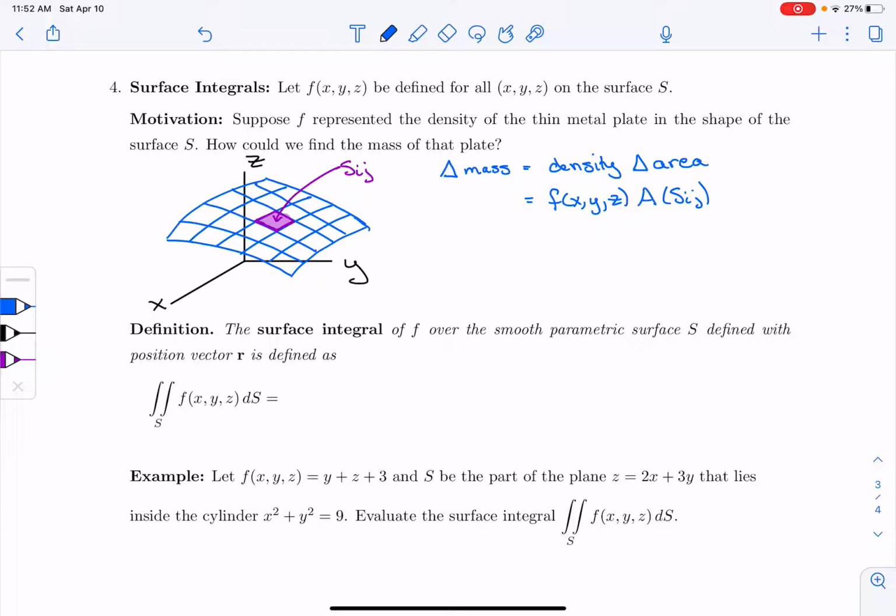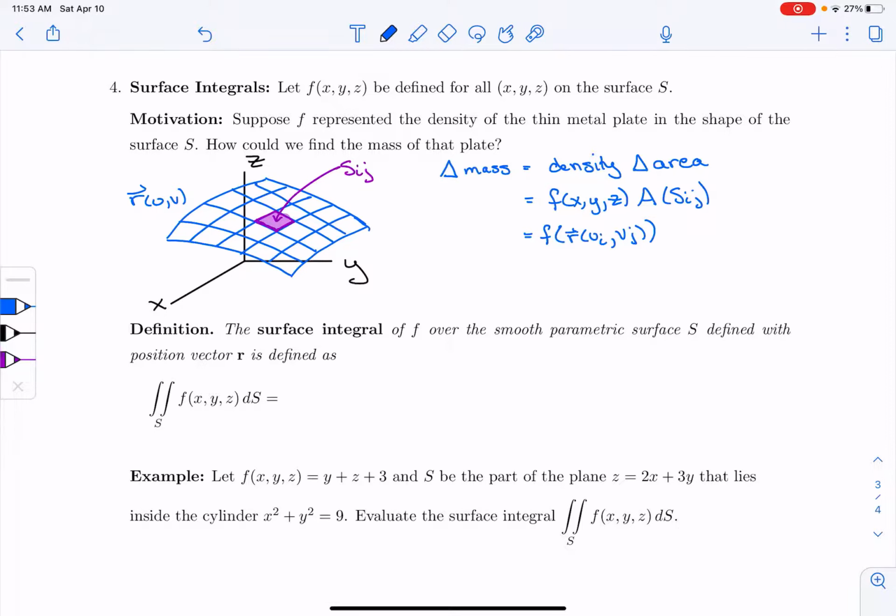Well, if I parameterize the surface, so I think about this as being a surface r of u, v, then I can evaluate f at r of u sub i, v sub j.